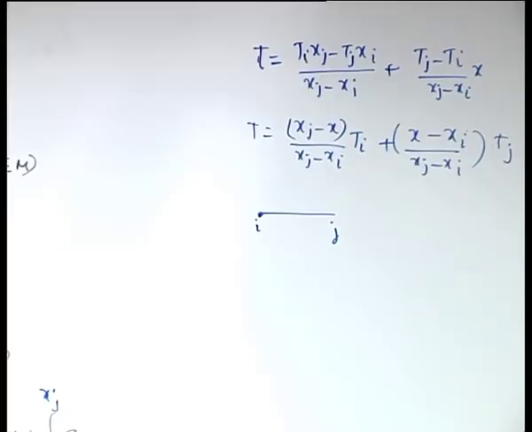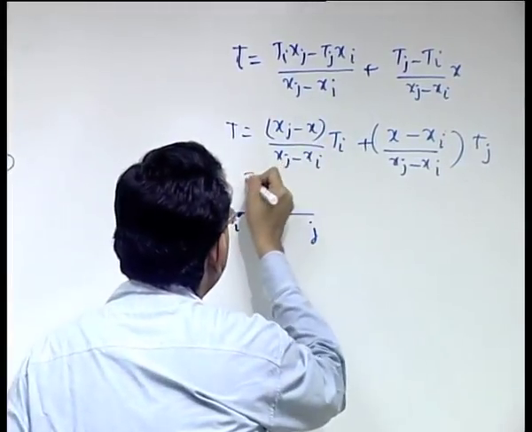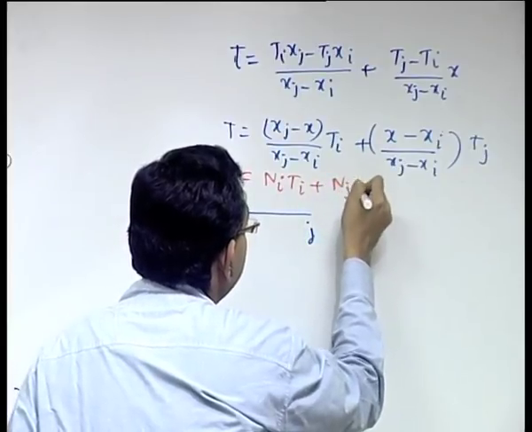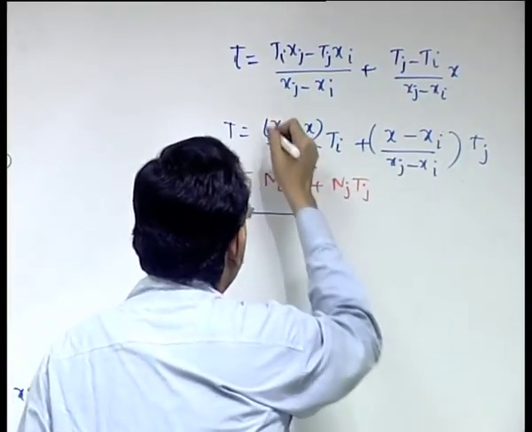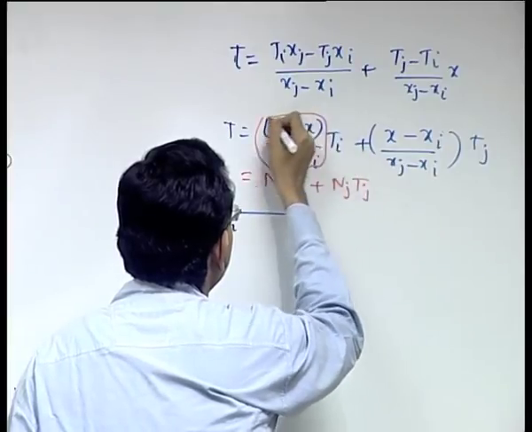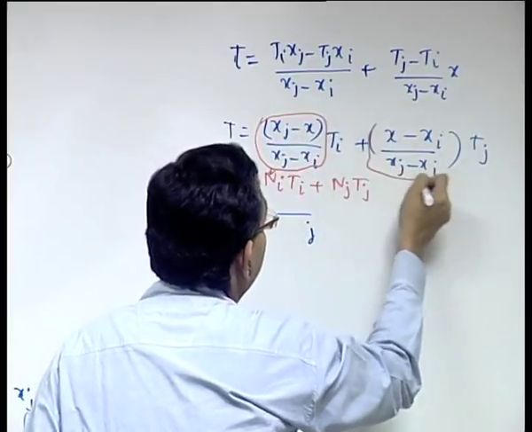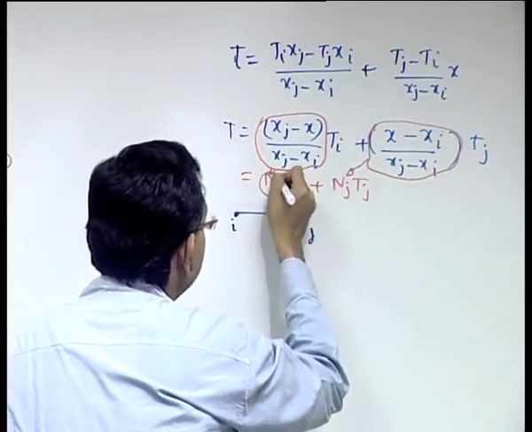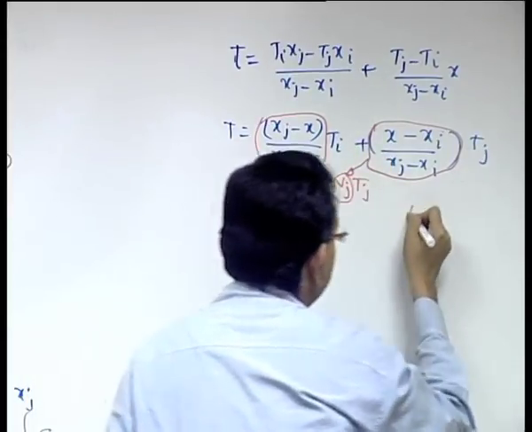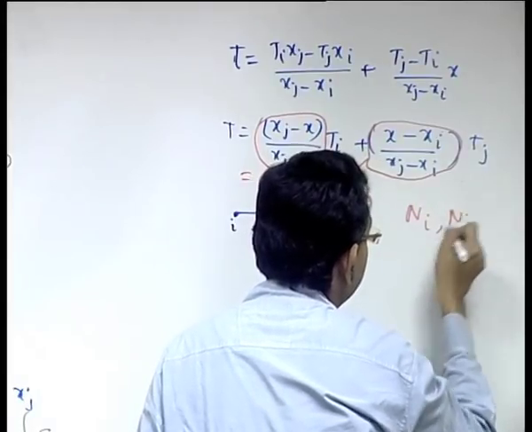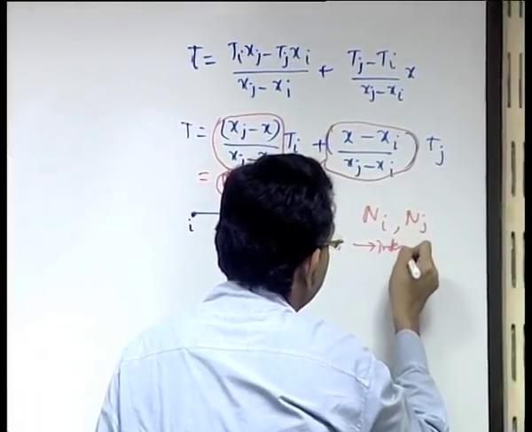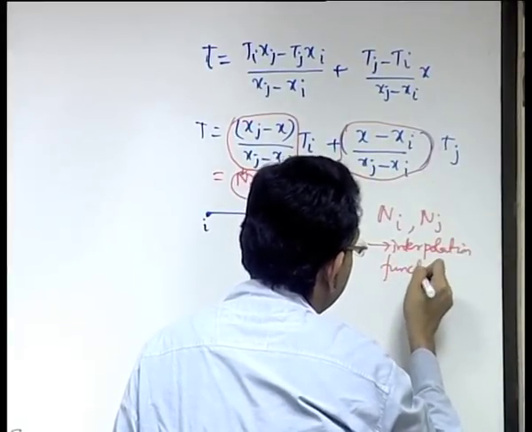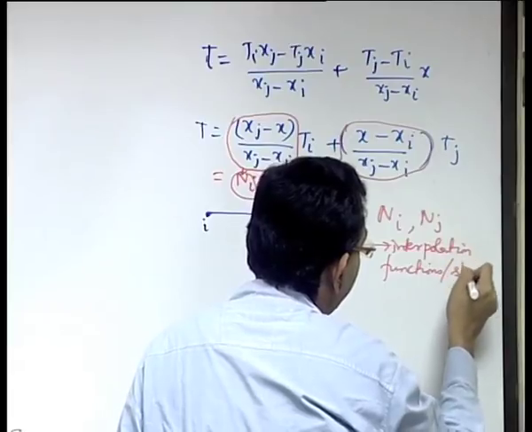So, this we can write as Ni Ti plus Nj Tj, where Ni is this one and Nj is this one. These are called interpolation functions or shape functions. This is your trial function.